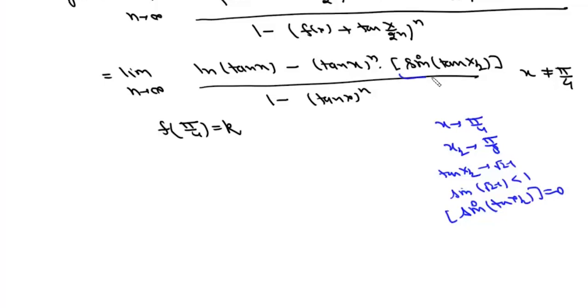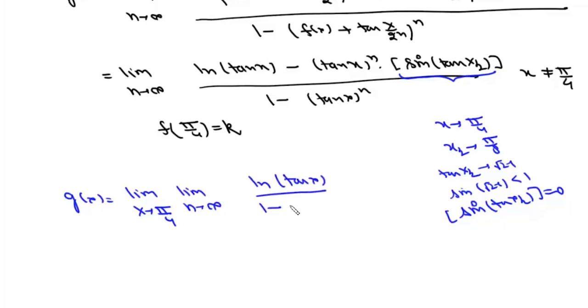So the value of this greatest integer function will be 0 when x approaches pi by 4. So we'll write this as g(x) equals limit x tends to pi by 4, limit n tends to infinity, log tan x upon 1 minus (tan x) to the power n.